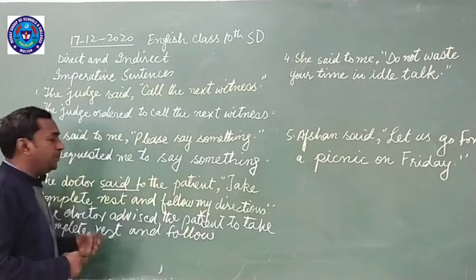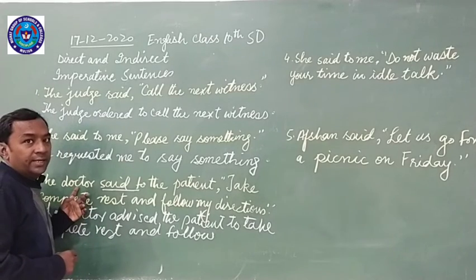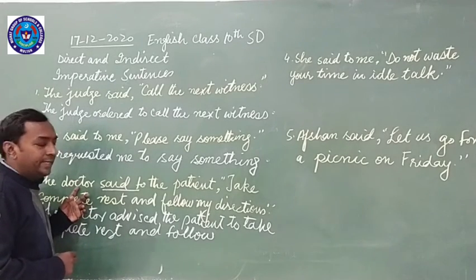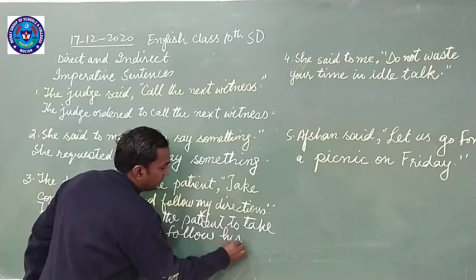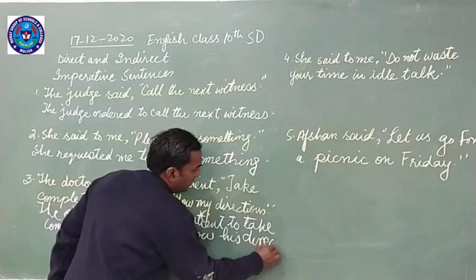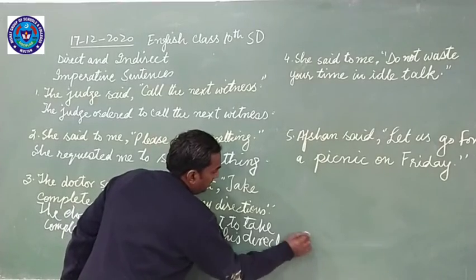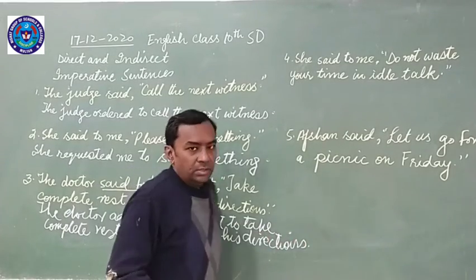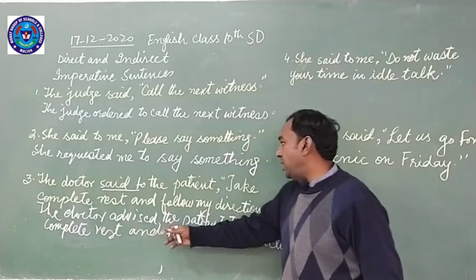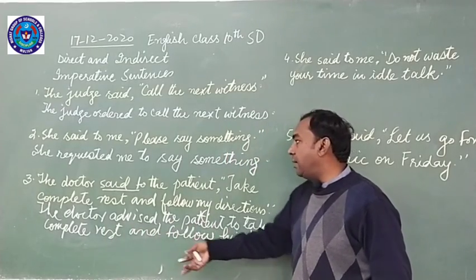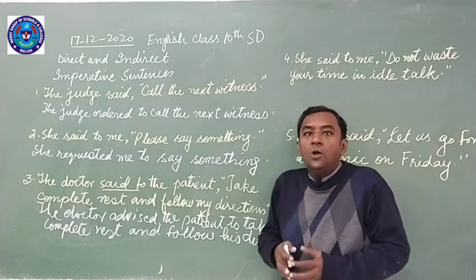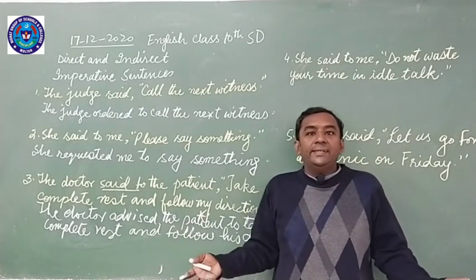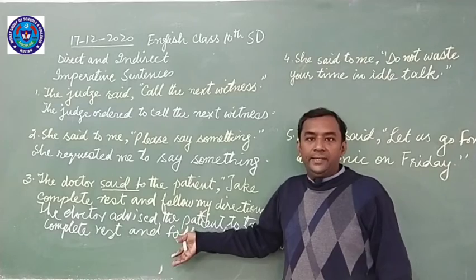My is first person, that will be changed with the doctor, and doctor here is he, so this will become his. The doctor advised the patient to take complete rest and follow his direction. This is how we will change the advice sentence into the indirect.